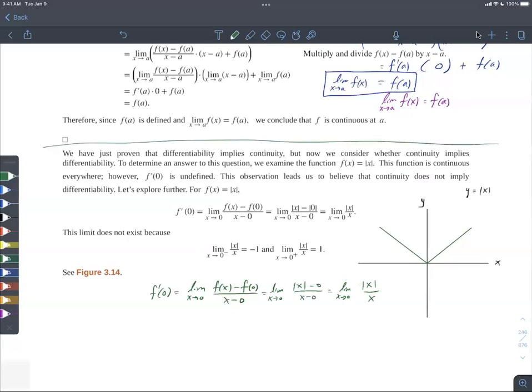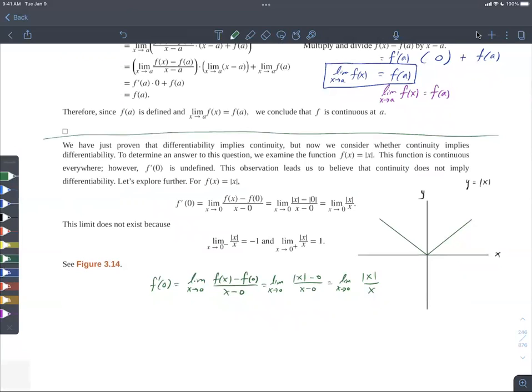So this limit here, what is this limit equal to? Well, if we do direct substitution, it looks like you get 0 over 0, an indeterminate form. But we can actually break this down into single-sided limits. Let's take a look at the left-hand side, the limit as x approaches 0 from the left of the absolute value of x over x.